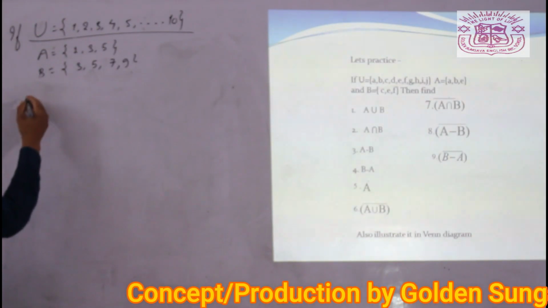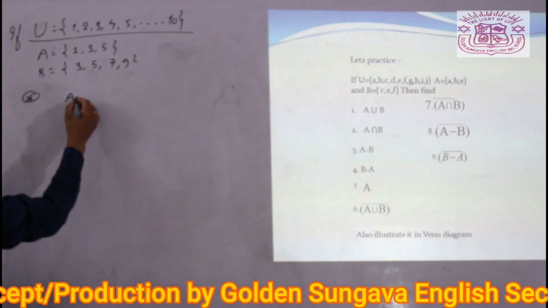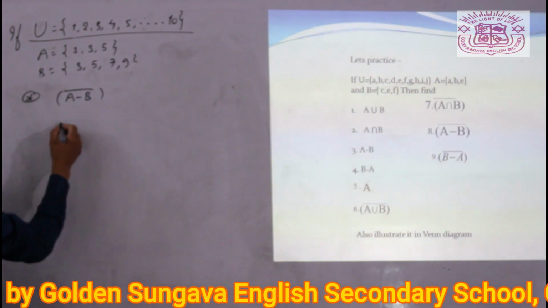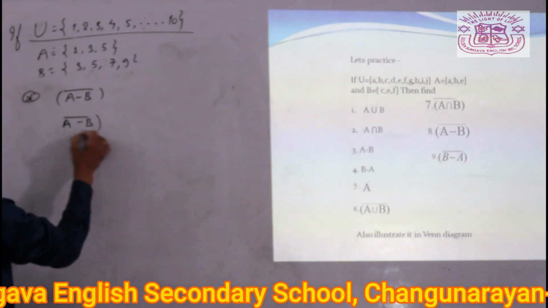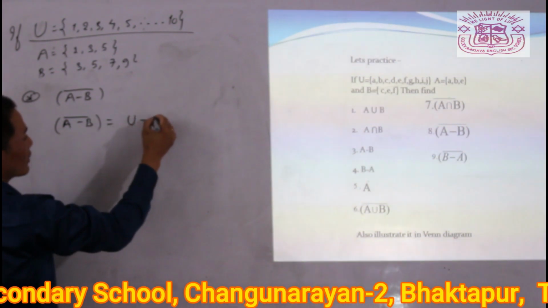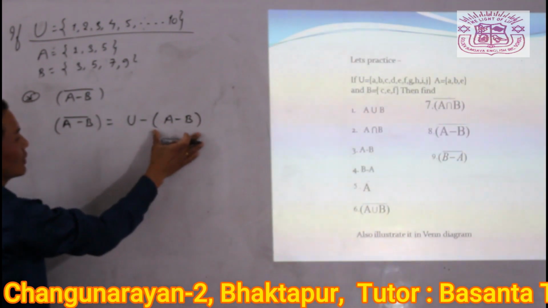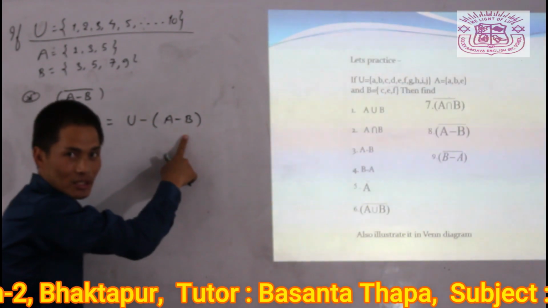Okay, for the same question, I'll solve A minus B complement. Right. So A minus B complement means this is the difference with U. U minus, A minus B. See, A minus B complement means this is the difference with the universal set.